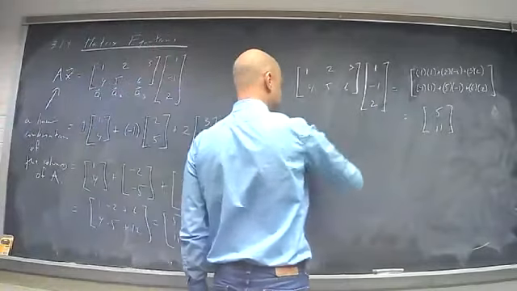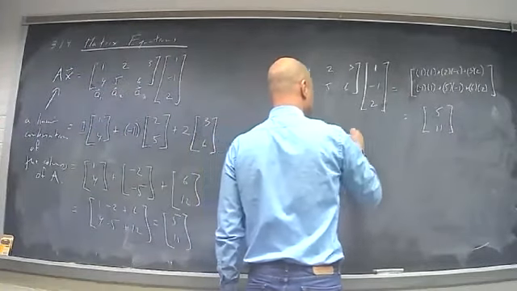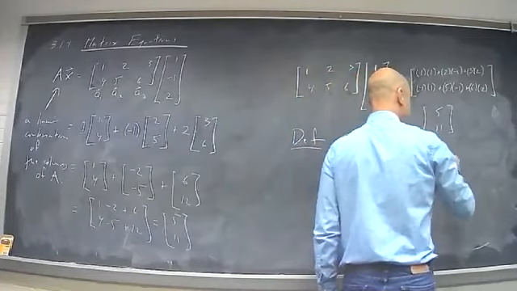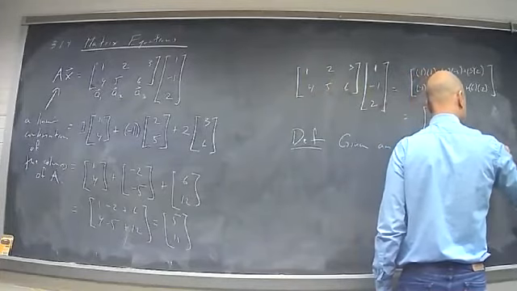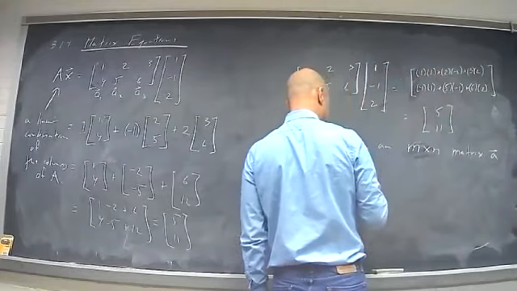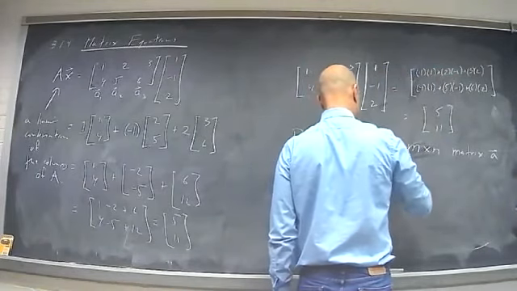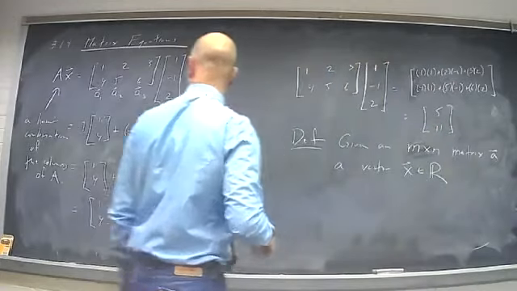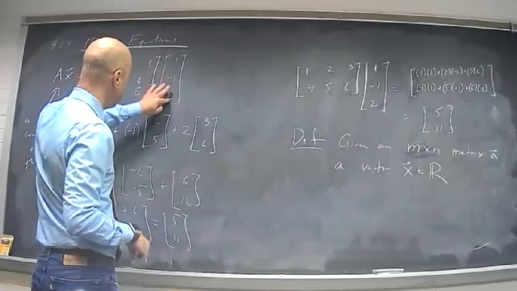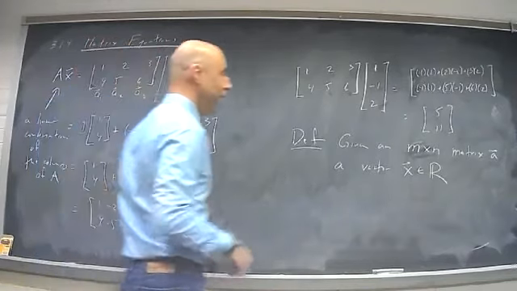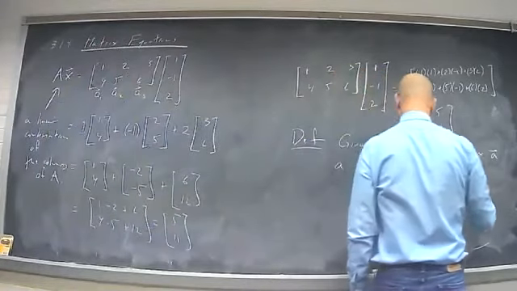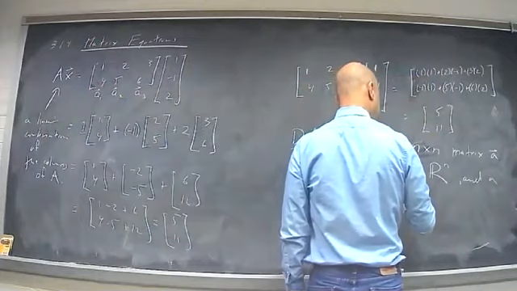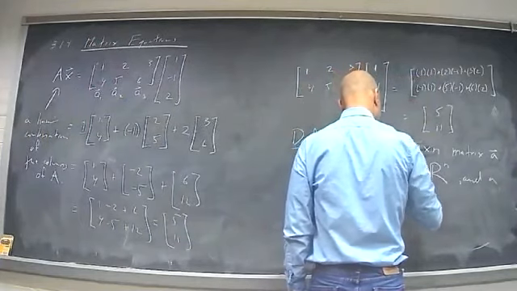So let me give you another definition. Given an m by n matrix A, a vector x in R^n, and a vector b in R^m. Remember, the vector x has to have the same number of entries as A has columns.